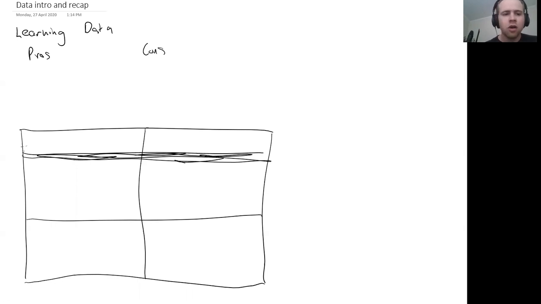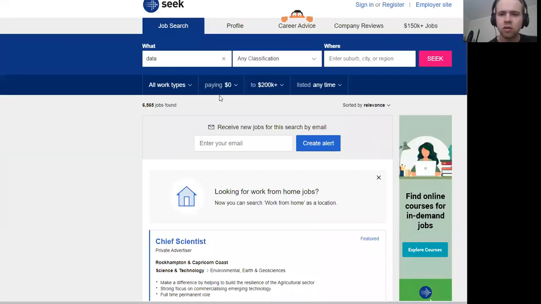So learning about data and statistics is very important for a lot of industries. If you're working in finance, science, engineering, IT, computing, it's really important that you're able to collect data well, analyze that data, and display that data well. Here's a quick search on Seek, which is a job seeking app.